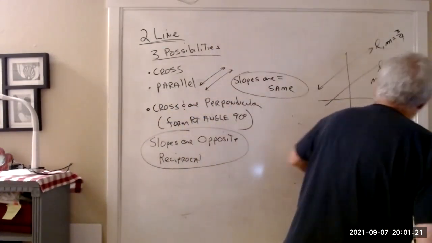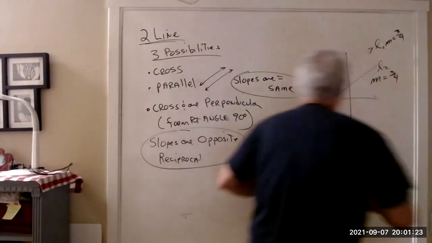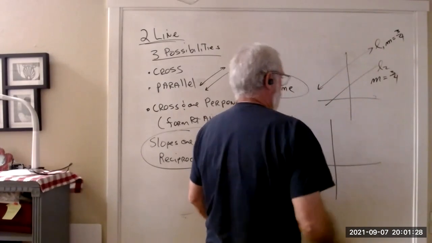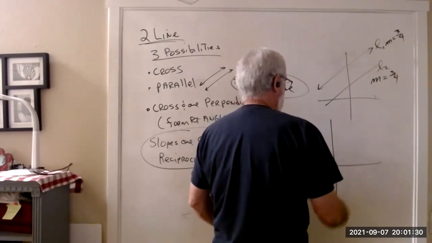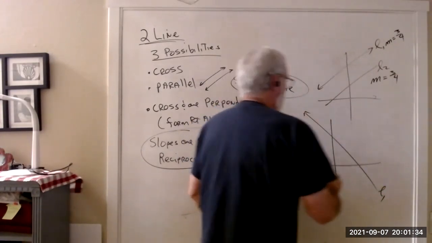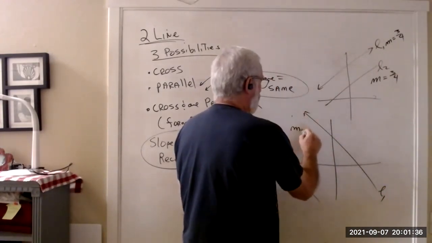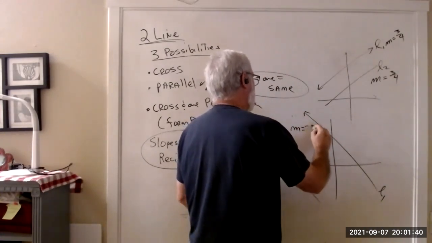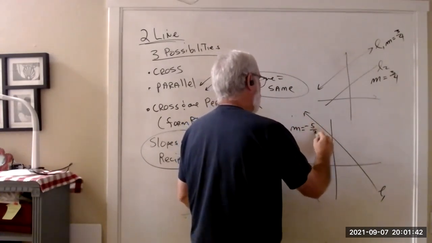New problem. What if I gave you this line here, you can call this line 1, and I told you its slope is negative 5/3.